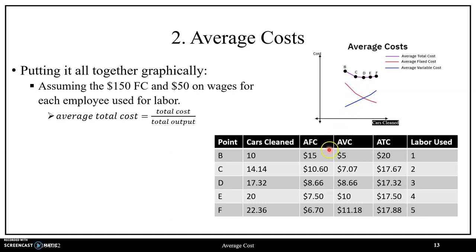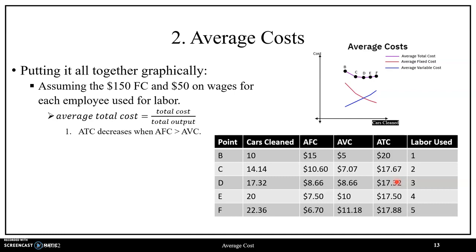We can see this in our table representation as well. At point B up until point D, we see that average fixed cost is greater than average variable cost at those points up until point D. So then we see that average total cost as a result is downward sloping up until that point as well.